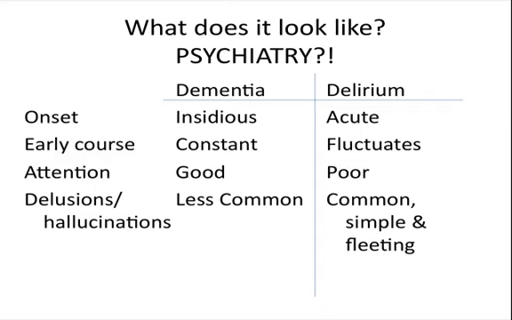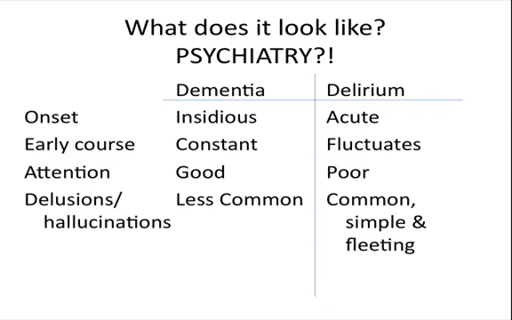Attention. So in dementia, generally the individual is sort of with it. They can give you good attention, they can follow you to some extent. But in delirium, you won't really get a good interaction with the patient because, as I said, you just need to think about them being sort of out of it and not really in clear consciousness, I think is the specific statement.